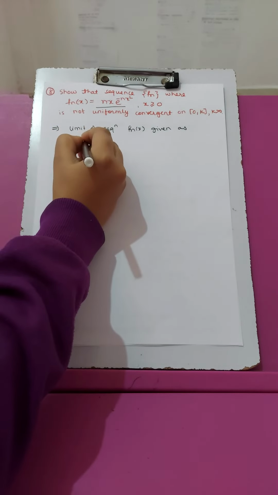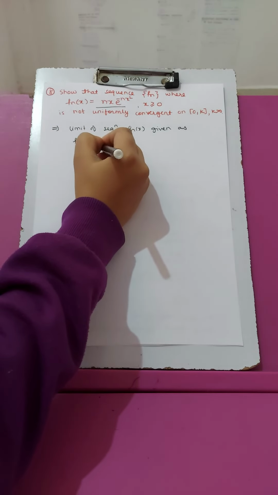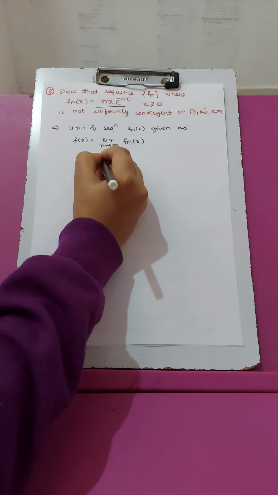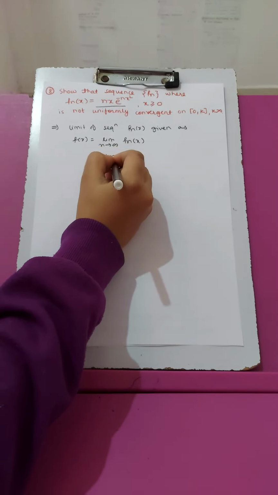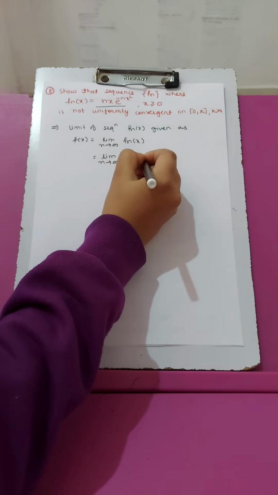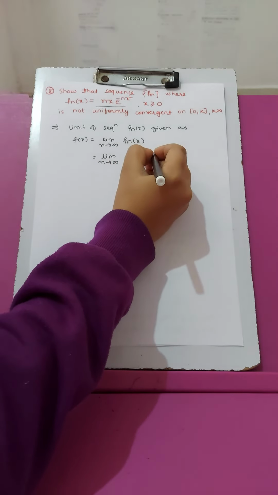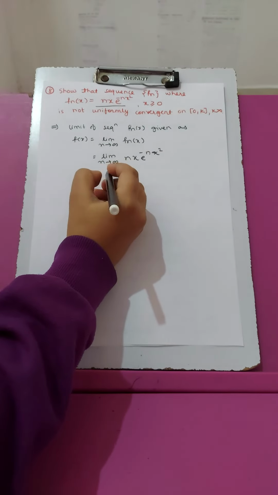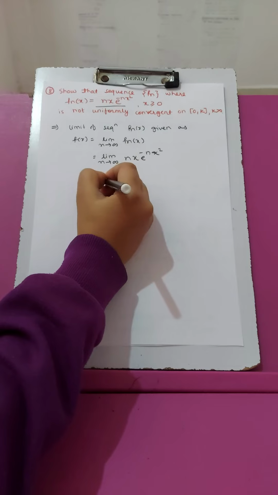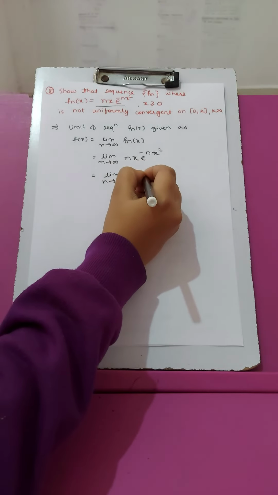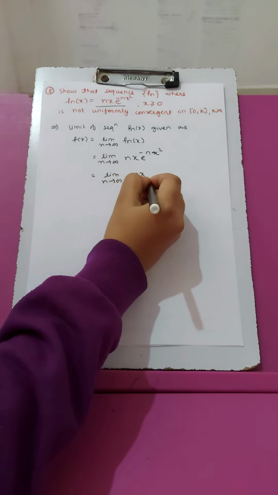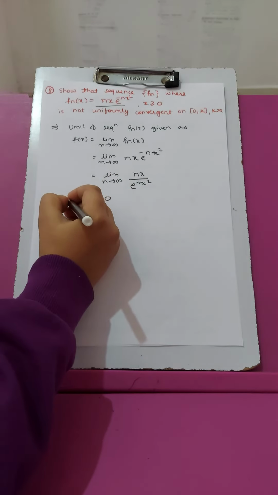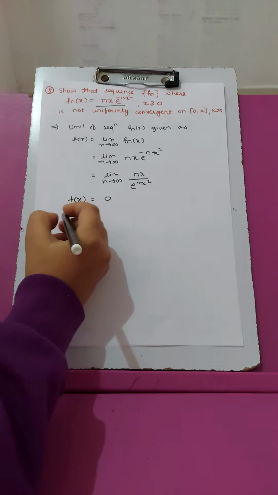It is given as f of x is equal to limit n tends to infinity fn of x, which equals limit n tends to infinity n x upon e to the power n x square, and clearly from this, as n tends to infinity, the value of f of x will be equal to 0.